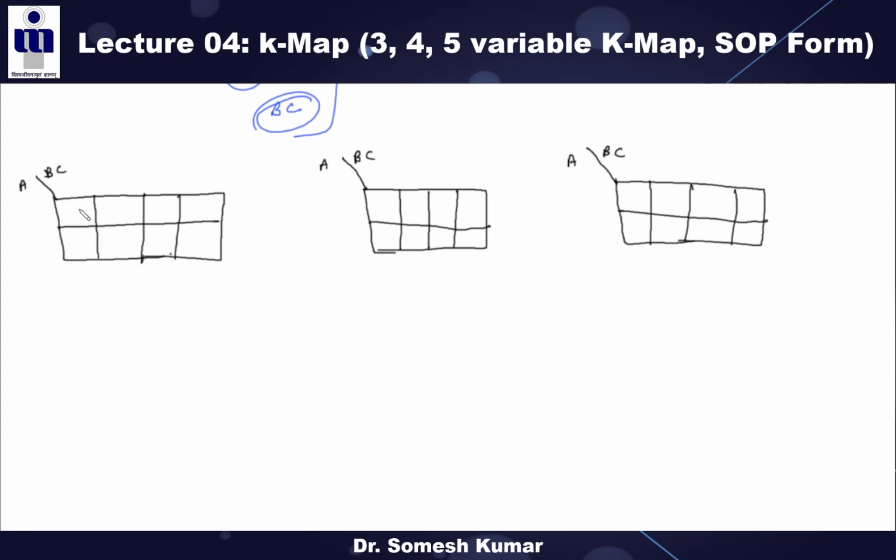Now tell me, this is all the ones. I'm not giving any function, I'm just representing it and telling how to solve it. How many quads are possible? This is your one quad. The second quad is this one, and this one. Clear?